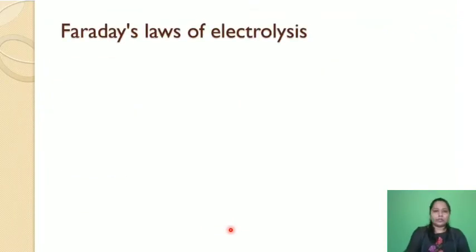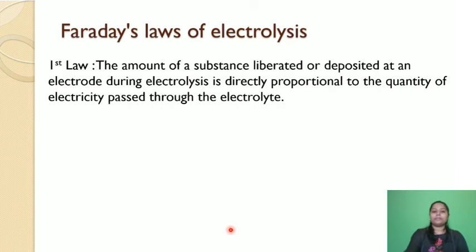Faraday's laws of electrolysis. There are two laws we will see. First, the amount of substance liberated or deposited at an electrode during electrolysis is directly proportional to the quantity of electricity passed through the electrolyte.